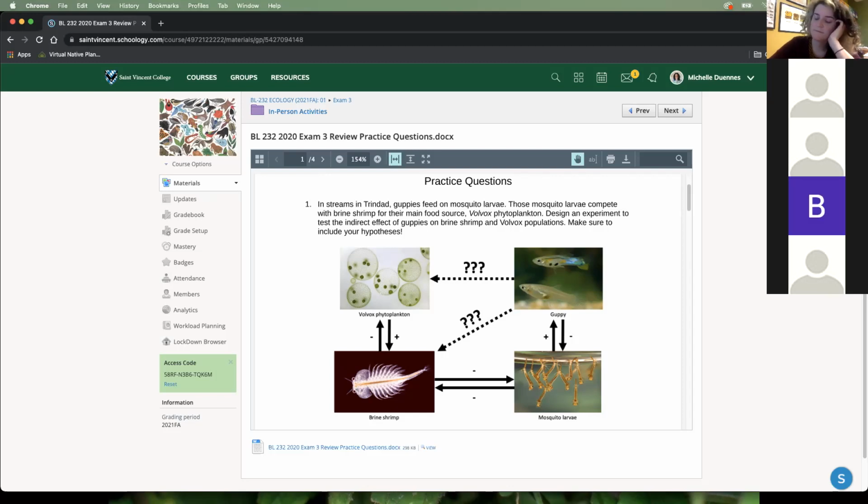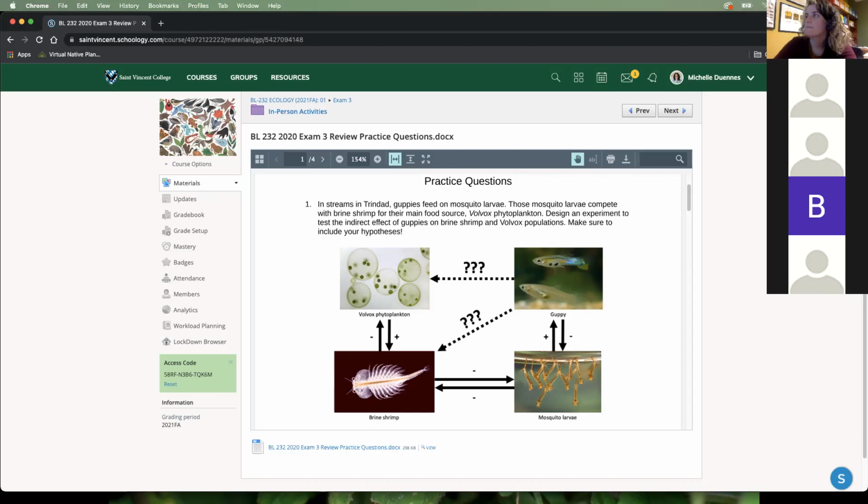I mean, if I understand the situation correctly, basically, if we create a controlled experiment, we'll probably need a huge tank to include all 4 species. There would be a control with no guppies, and there would be one with guppies. And the other 3 species should probably be present in both groups.